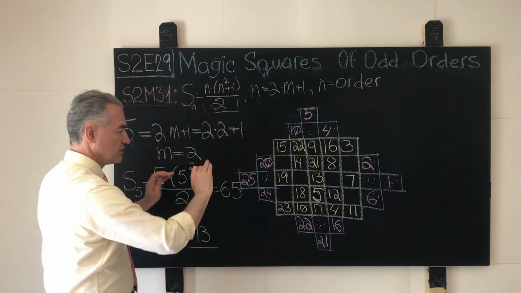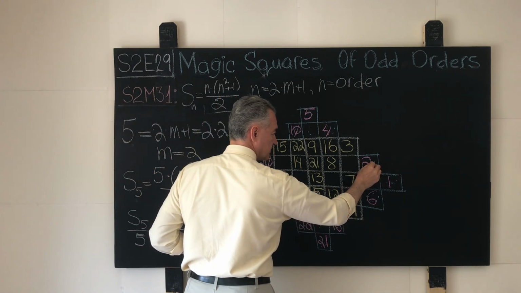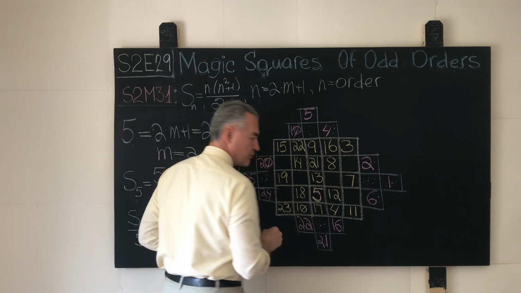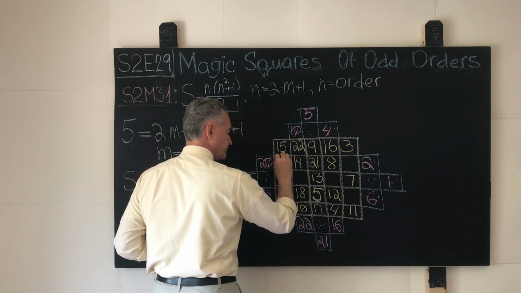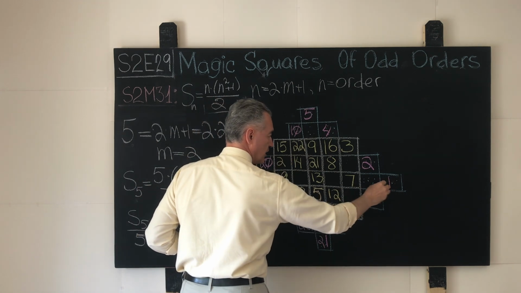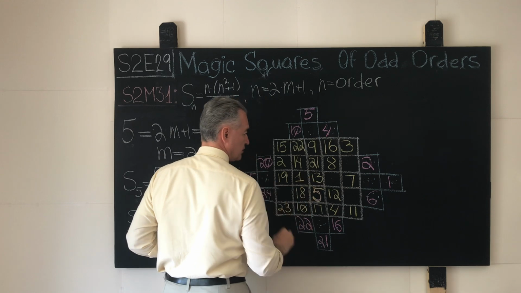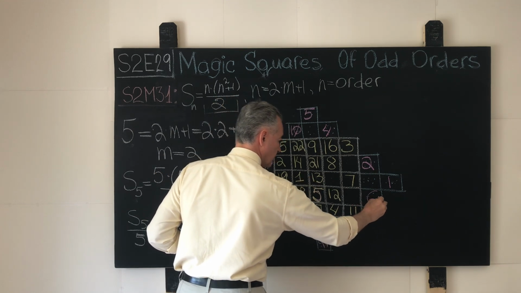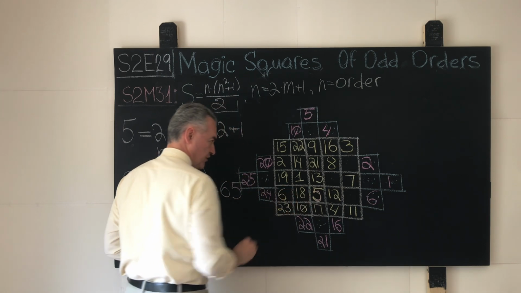Let's fold the numbers to the left and to the right. Same way. 2 translated horizontally along the proverbial x-axis 5 squares. 1, 2, 3, 4, 5. 2. 1. 1, 2, 3, 4, 5. 1 goes here. What about 6? 5 squares to the left. 1, 2, 3, 4, 5. Goes over here.